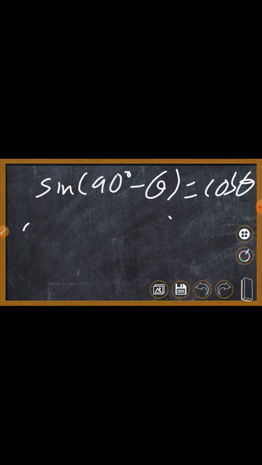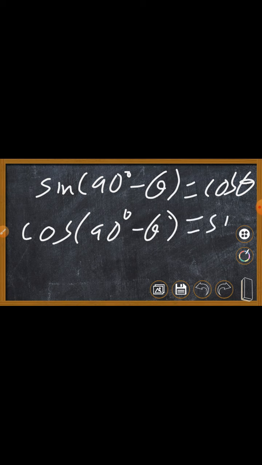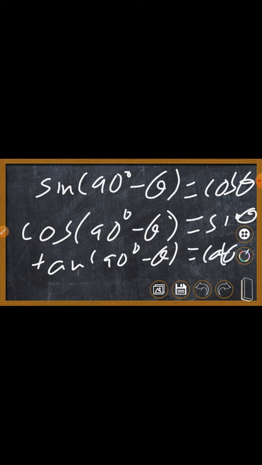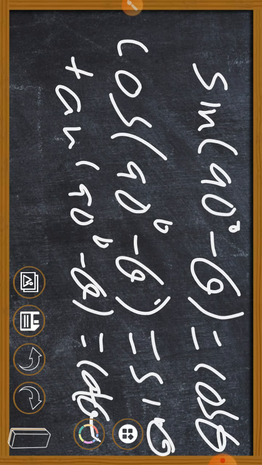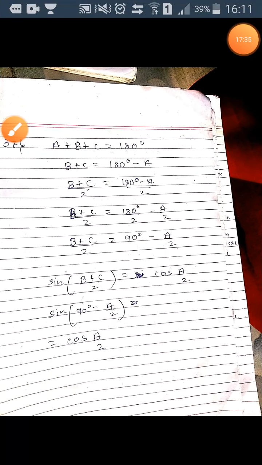Then you had learnt cos (90 degree minus theta) is equal to sine theta. Another relation which you had learnt was that tan (90 degree minus theta) is equal to cot theta. And then you had learnt 6 relations like this. Here we will apply.